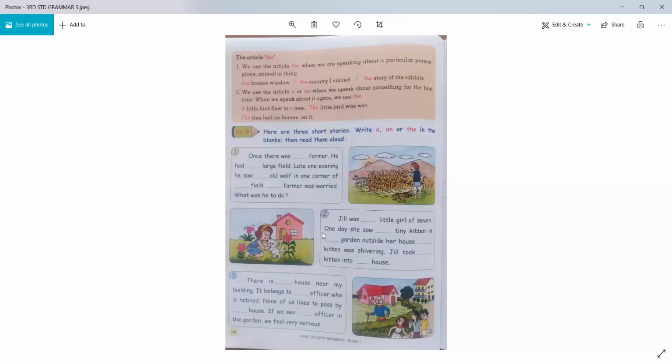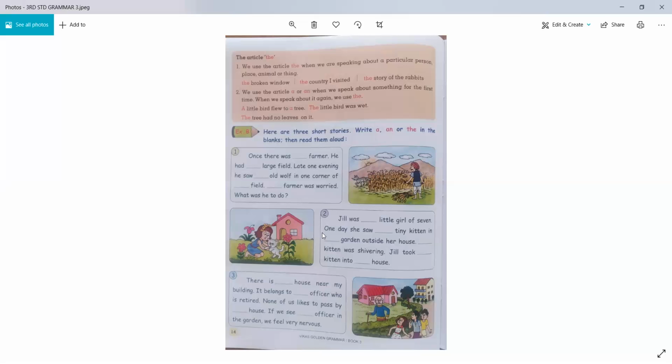Okay, understood? So here, Jill was what? Which article are we going to use here? Tell me, students, as I explained to you in the beginning, where to use a, where to use the, and where to use an. Okay, so now you just tell me which article we are going to use.